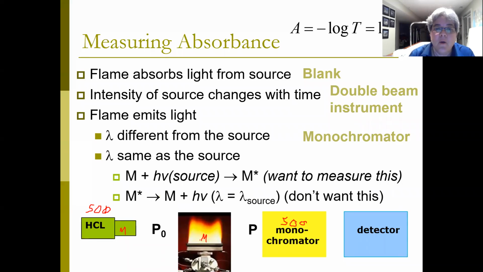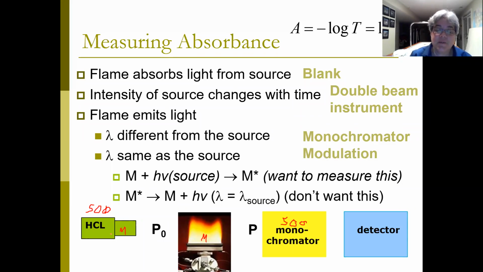So now this 500 that's coming from the flame, the excited atoms, is going to go to the detector. The detector's going to see that. But I don't want to see that light. Remember, the light I want to see is only the light from the source. So this is actually a big problem that we have to fix.